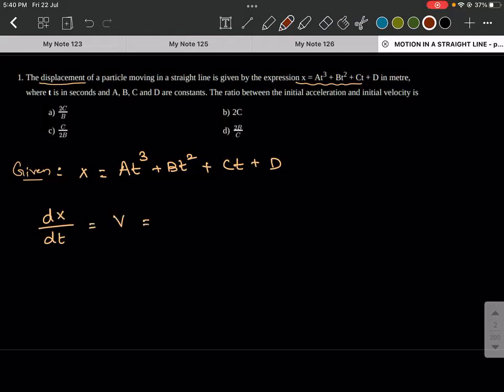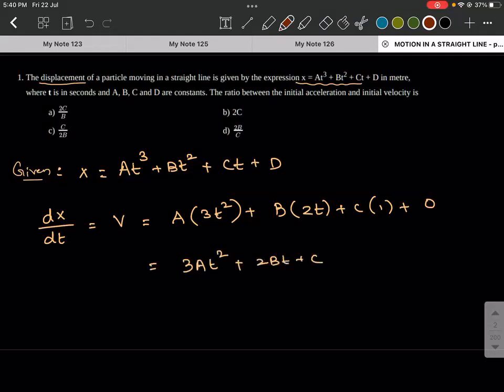So what is dx by dt here? It is going to be a into derivative of t cube is 3t square, plus b into derivative of t square is 2t, plus c into derivative of t is 1, plus derivative of capital D is 0. So this will be 3at square plus 2bt plus c, which is v.